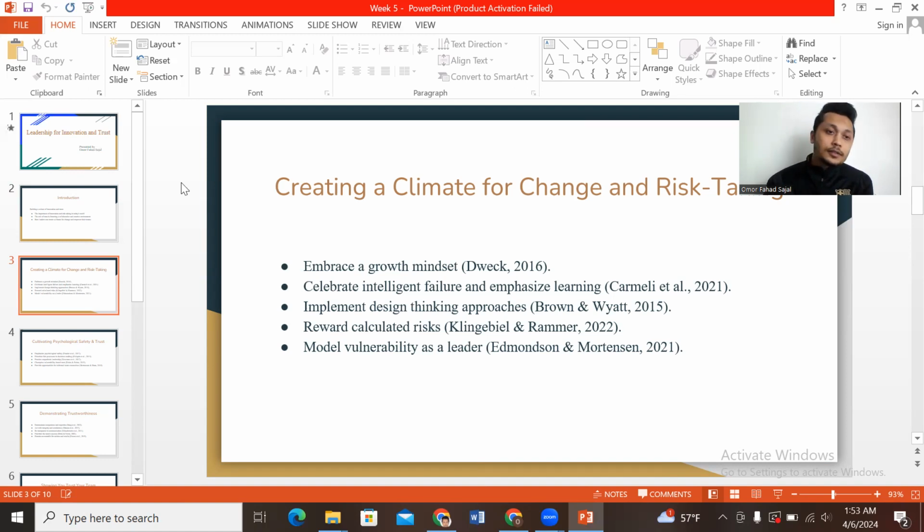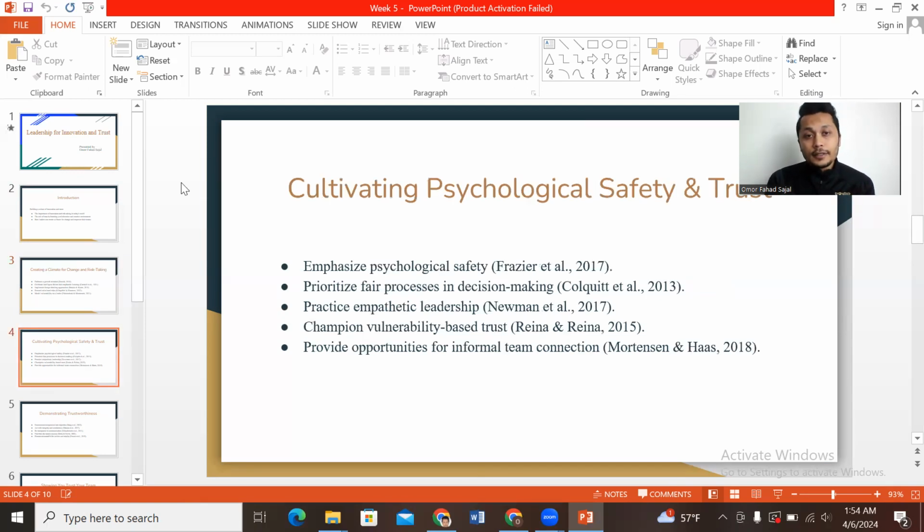Then the next question is, how can leaders create a climate of trust and facilitate relationships among people in a team? You have to cultivate psychological safety and trust, which is another important thing. Trust is essential for taking risk, as I mentioned earlier. People need psychological safety, the feeling that they can speak up without fear of judgment or repercussions. As leaders, ensure that decision making, resource allocation, and feedback are all fair.